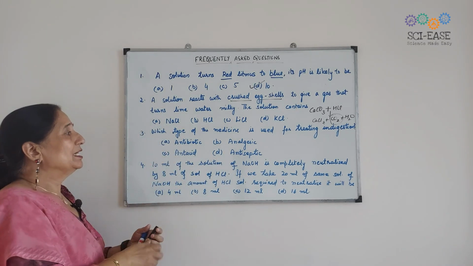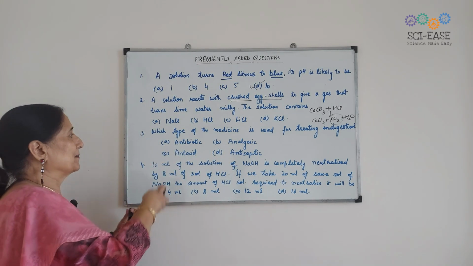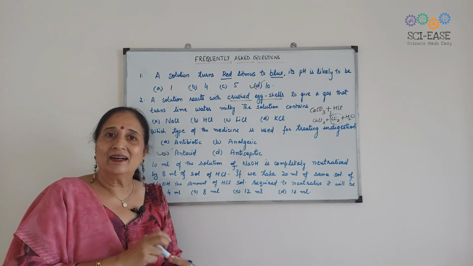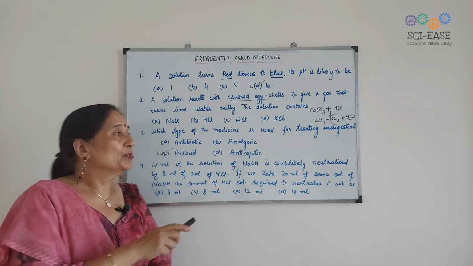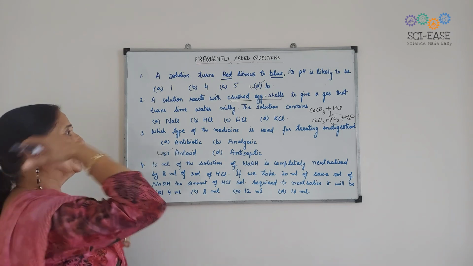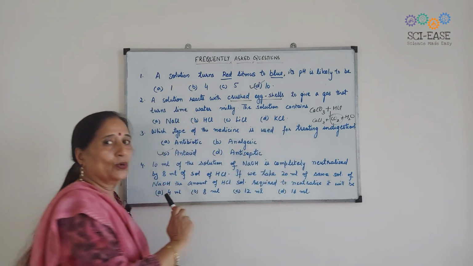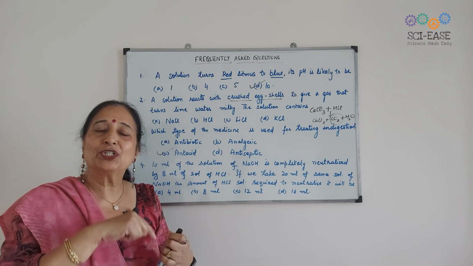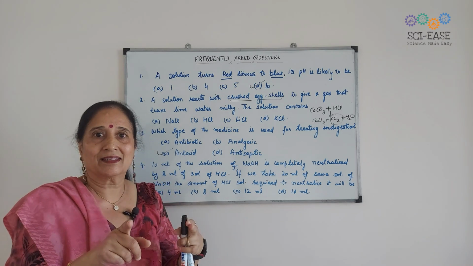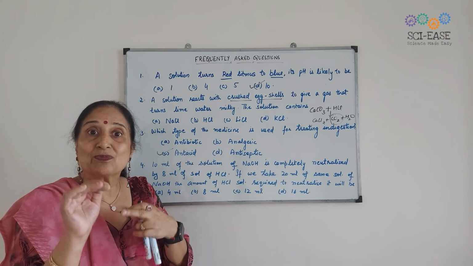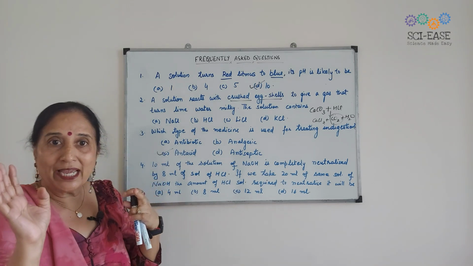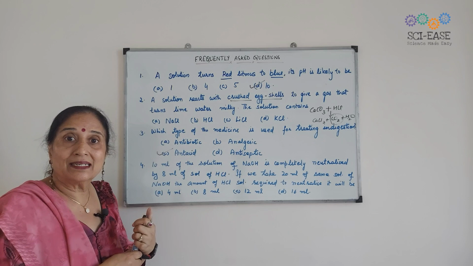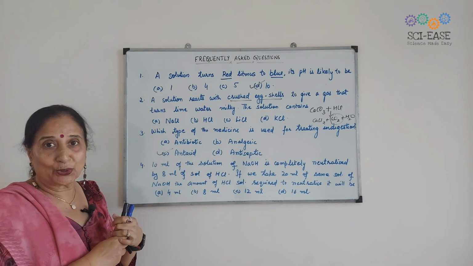I have told you that antacids are used for treating indigestion. If there is irritation in the food pipe, we should take some antacids which contain milk of magnesia. And the simplest antacid is baking soda.